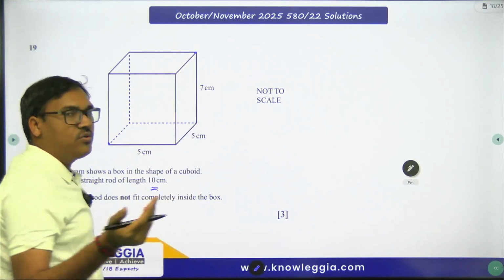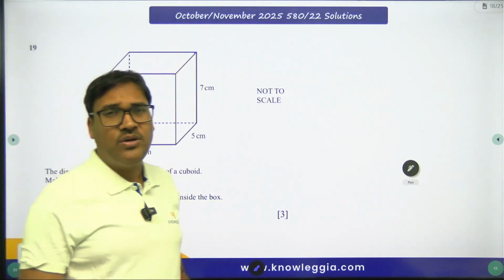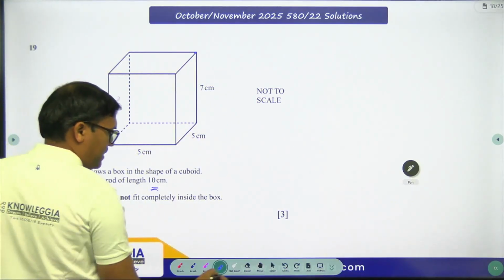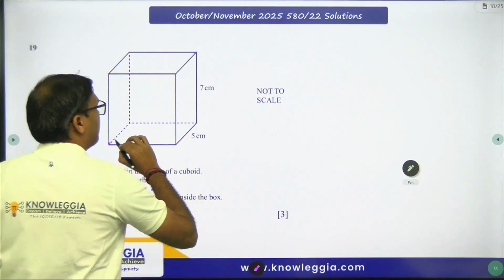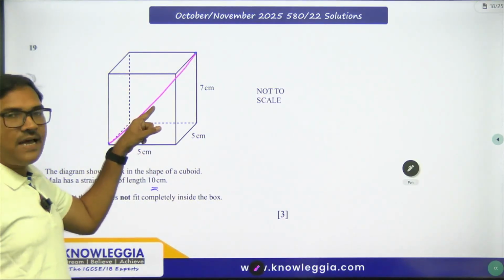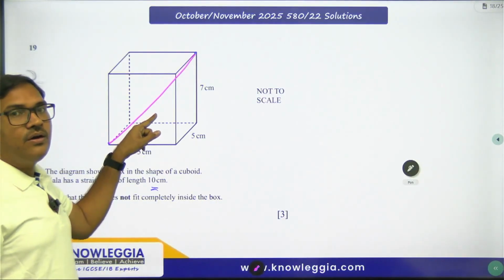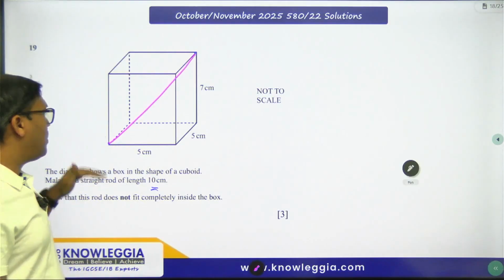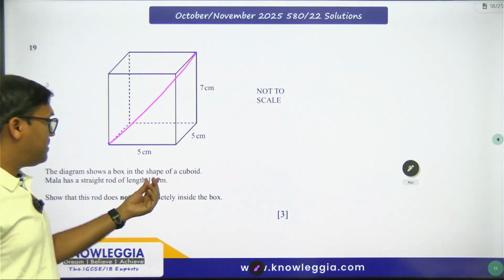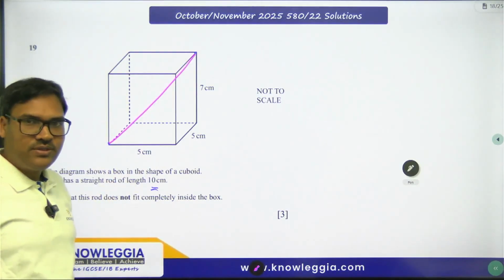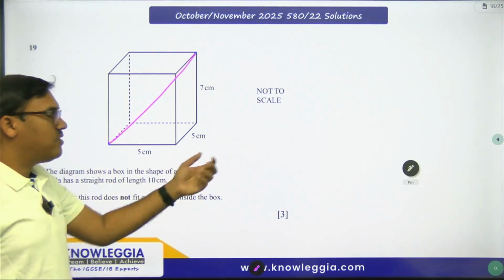You can just imagine your room, and the opposite corner points will give the largest diagonal. This will be the largest diagonal possible here. If this diagonal is more than 10 centimeter, you can put this rod inside this box. But if this diagonal is less than 10 centimeter, you will not be able to put it. So what is the largest diagonal which is possible here?